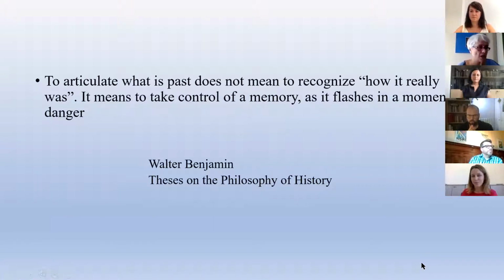To articulate what is past does not mean to recognize how it really was. It means to take control of a memory as it flashes in a moment of danger.